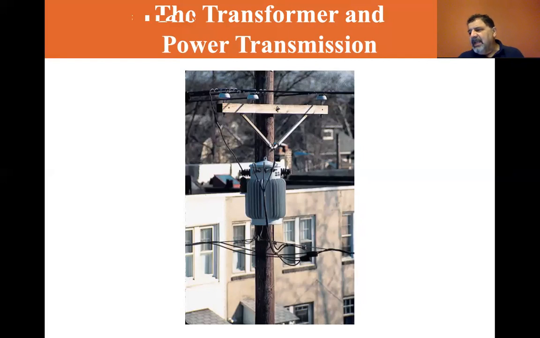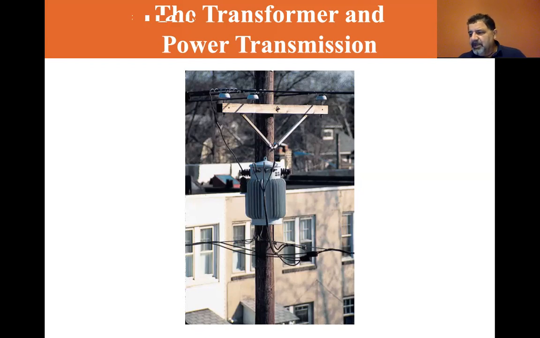At the receiving end, it requires power at a low voltage, so the voltage is decreased to about 20 kilovolts, 20,000 volts at the distribution station, then to 4,000 volts for delivery to residential areas, and finally to 120 volts and 240 volts at the customer site.